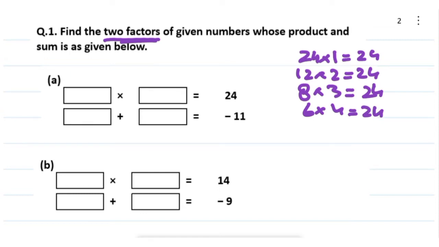If we look closely, -8 and -3 multiply to give +24, and if we add -8 and -3, we get -11. So these are the two factors of 24.